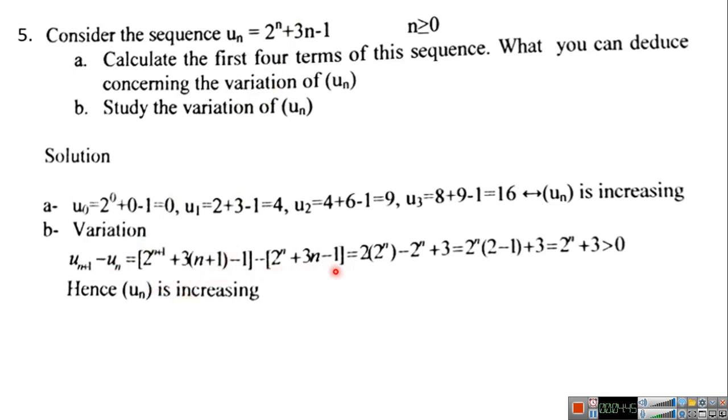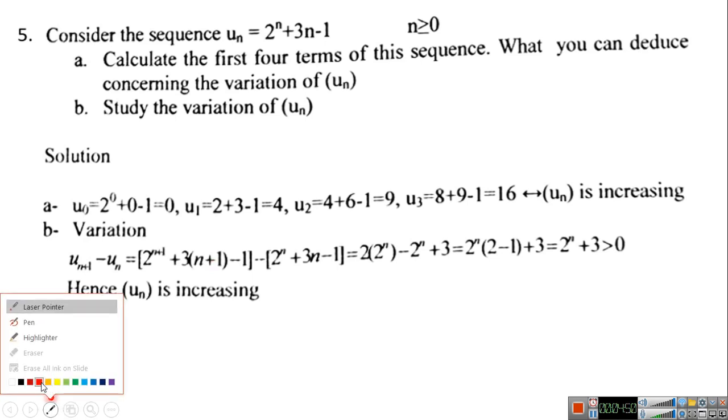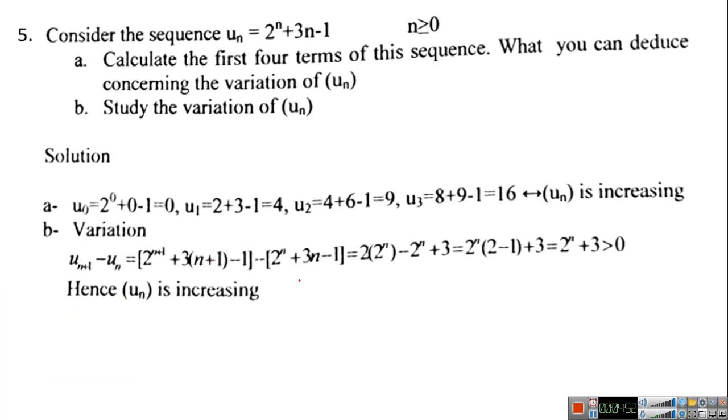If you expand it, now here I want to tell you one thing. Let me do it step by step in these kinds of problems. 2n plus 1, I'm going to keep it for the time being as 2n plus 1. You have plus 3n here, and minus here, don't forget, you have the minus 3n cancel out, you have a plus 3, minus 1 plus 1 cancel out.